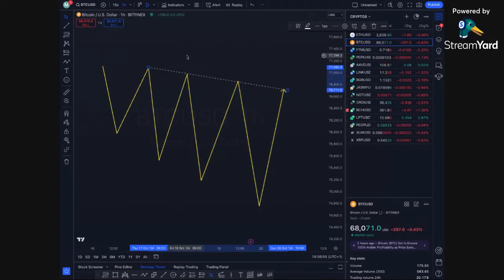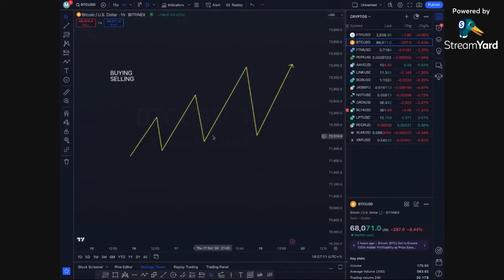Now we know two types of trends. They are the two major trends: the downtrend and the uptrend. The downtrend, also known as the selling trend or bearish trend, is where we look for where to sell. And then we have the uptrend, where we learn how to buy.